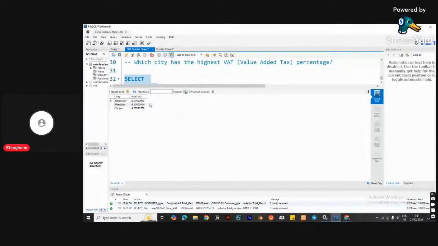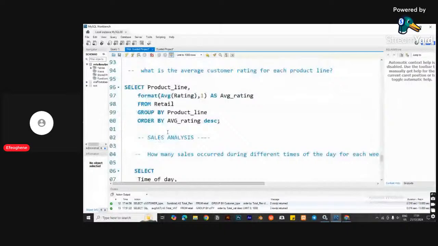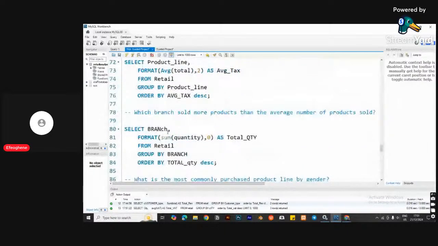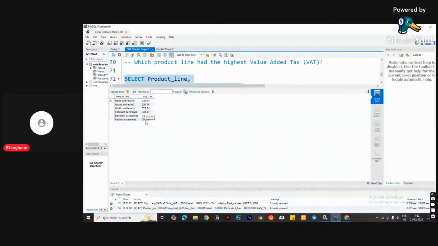I think there was one query we ran, I can't remember. Okay, let me run this. So we saw that home and lifestyle appliances had the average tax.